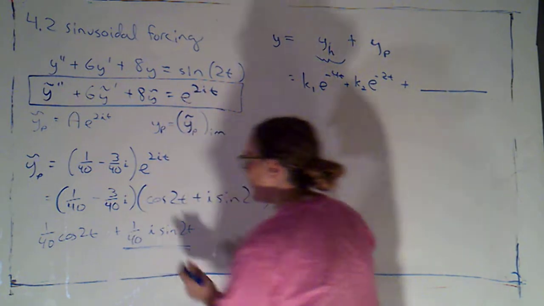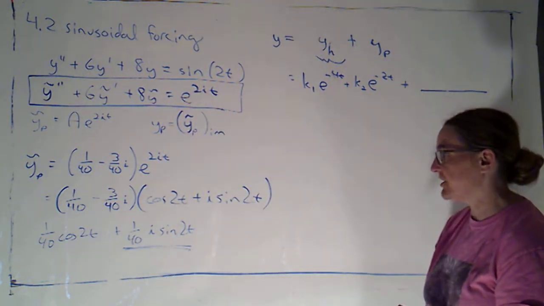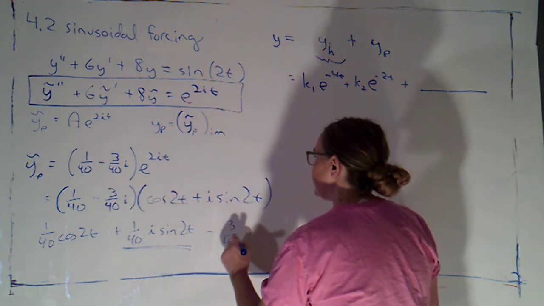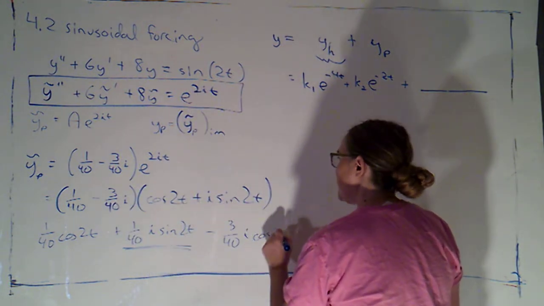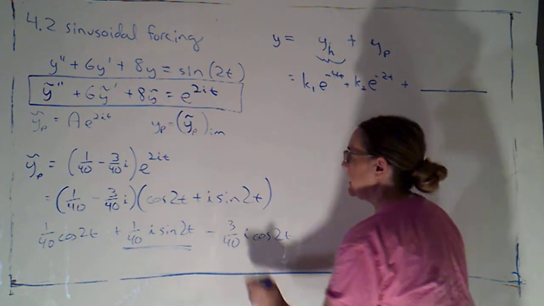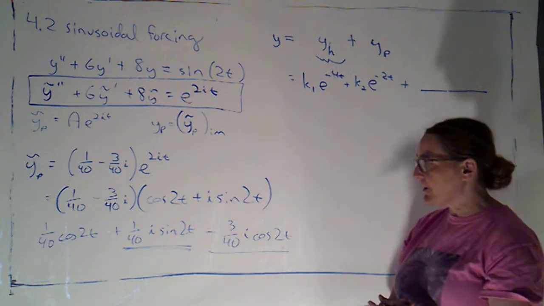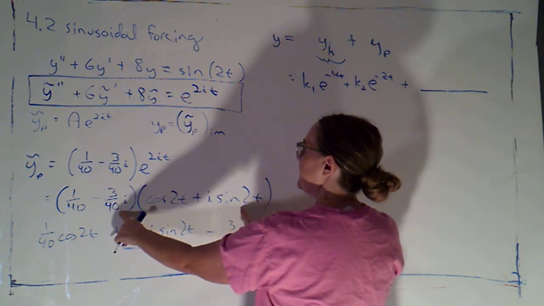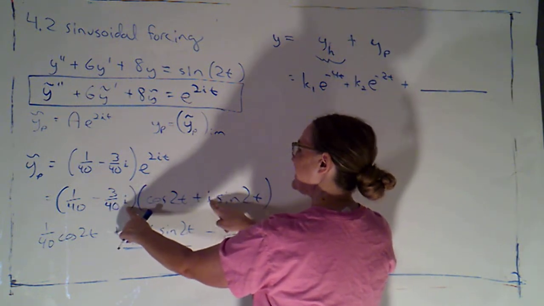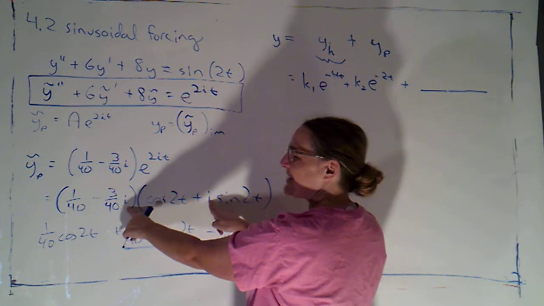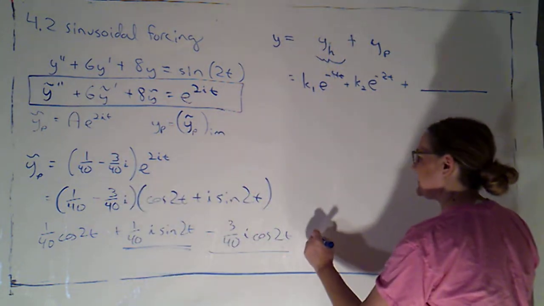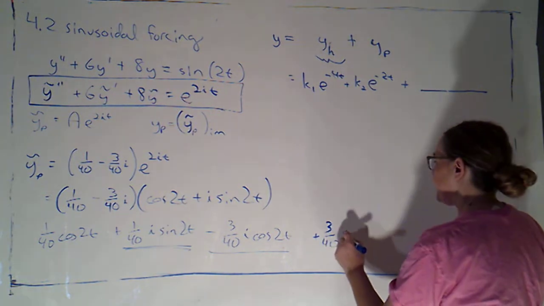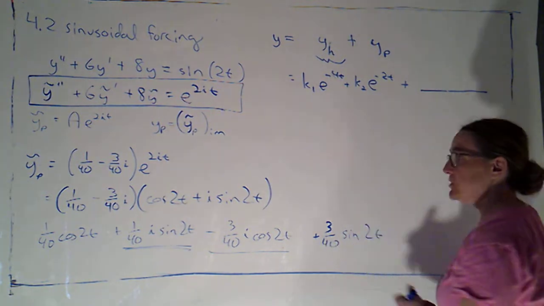Now I'm just going to underline that because that's going to be part of the imaginary part. Minus 3/40th i times cosine of 2t. I'm going to underline that because that's part of the imaginary part. And then this is going to be minus 3/40th i squared, but i squared is -1. So that's just going to be plus 3/40 of sine 2t.